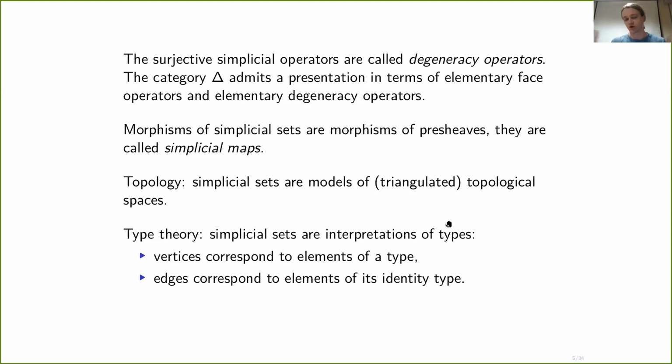But what's on the slide, that's the correct way of thinking about this. As I mentioned, I'm not going to go in this direction. There are plenty of places to read about simplicial models of type theory.